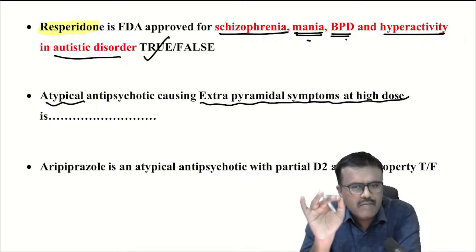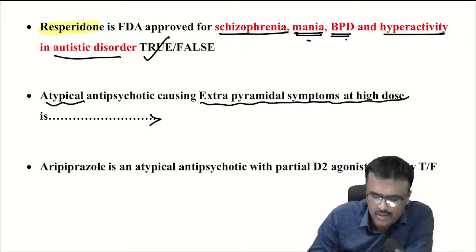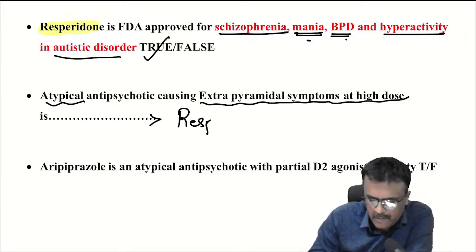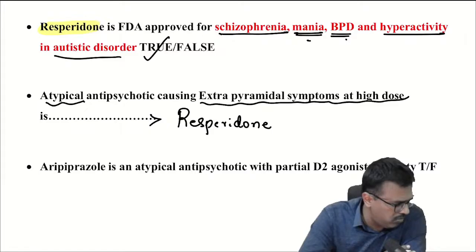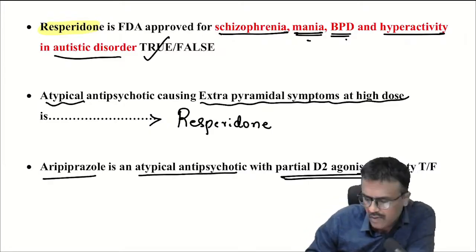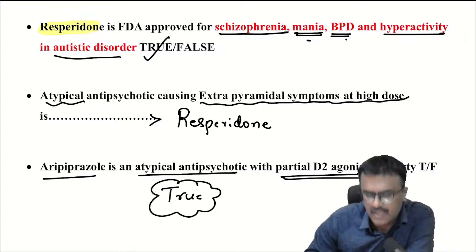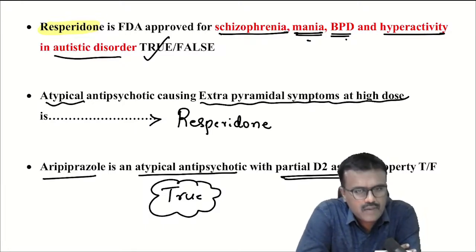They don't block alpha, muscarinic, histamine receptors. But what is that which can do that at higher dose? That is risperidone. Aripiprazole is an atypical antipsychotic, true. Don't confuse piprazole with pantoprazole. These are atypical antipsychotics.